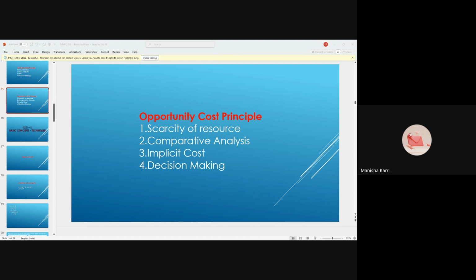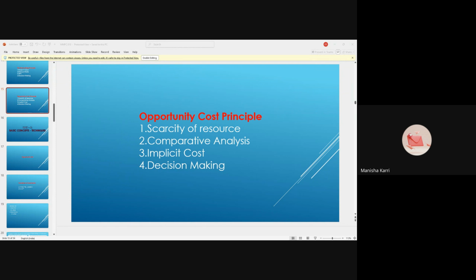And decision making. The opportunity cost principle is important in decision making because it helps individuals and businesses evaluate the trade-offs involved in choosing one option over another. By considering the opportunity cost of different choices, decision makers can make more informed decisions that maximize benefits and minimize cost.